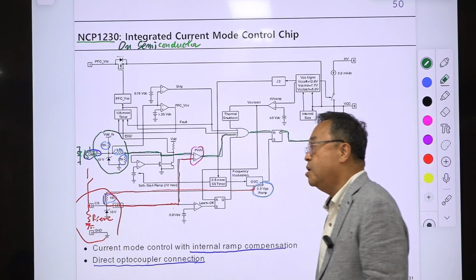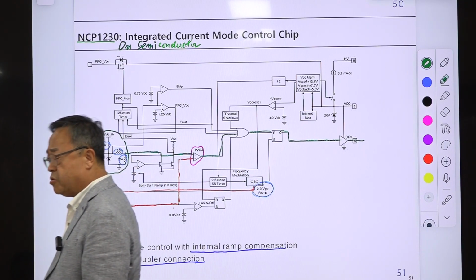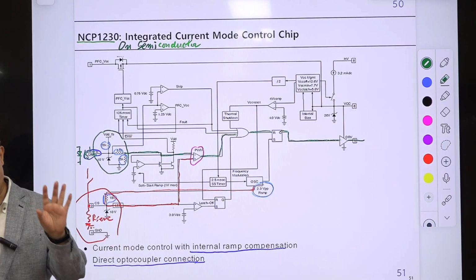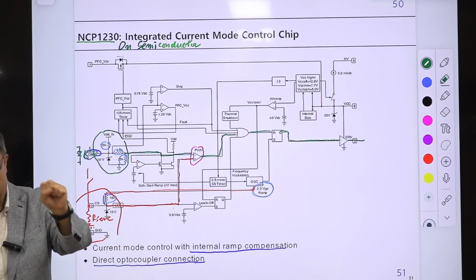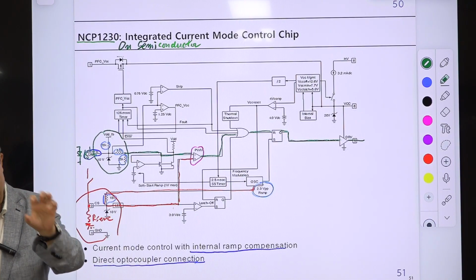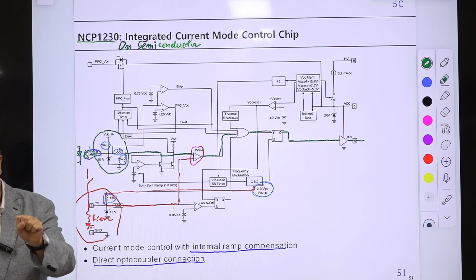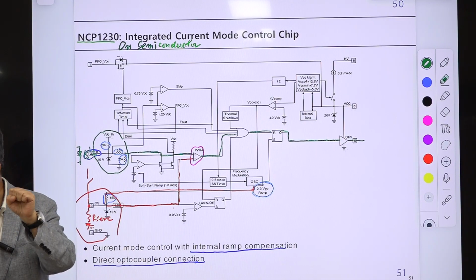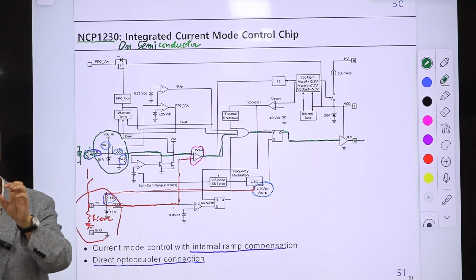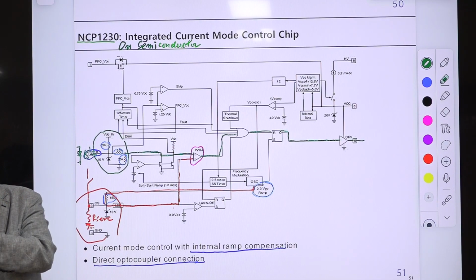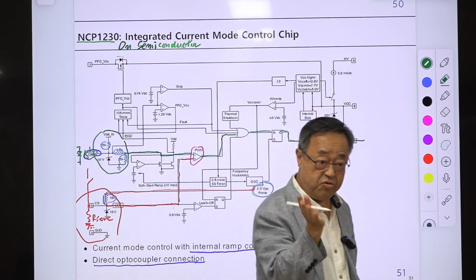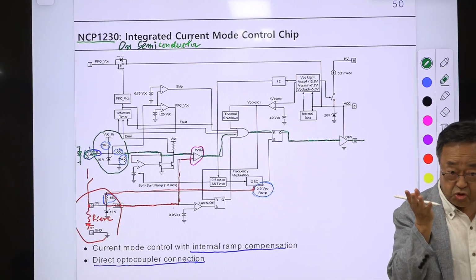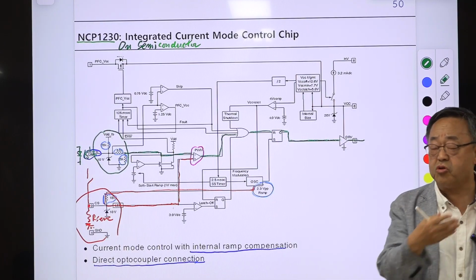At that time, maybe 30 years ago, the MOSFET was here and the control chip was here, separated. Then one company, Top Switch, the company name and also the device name, merged this IC and the MOSFET switch and made a 3-terminal device. They used some cheap trick, and that was very sensational.